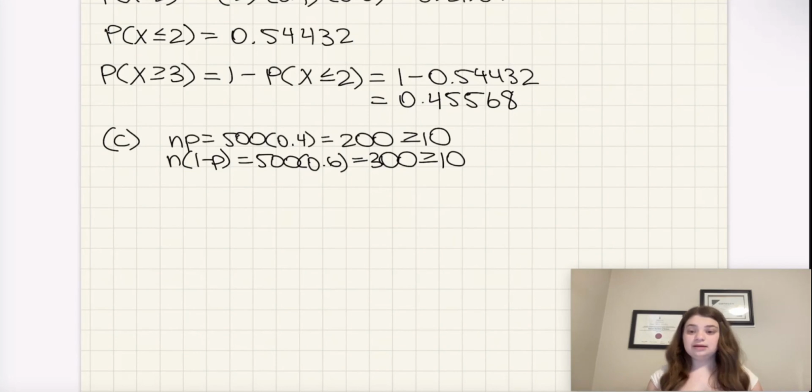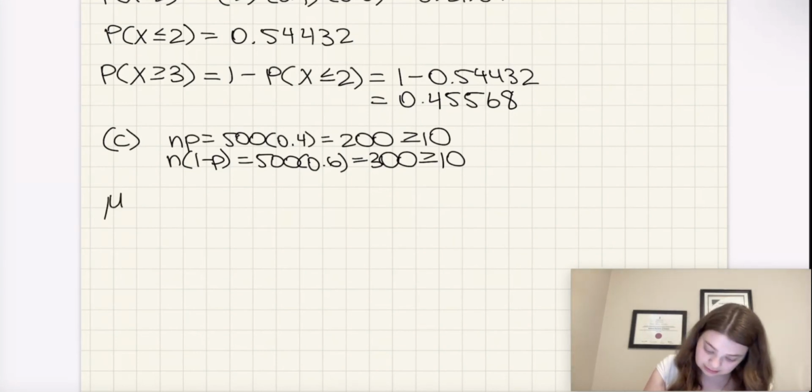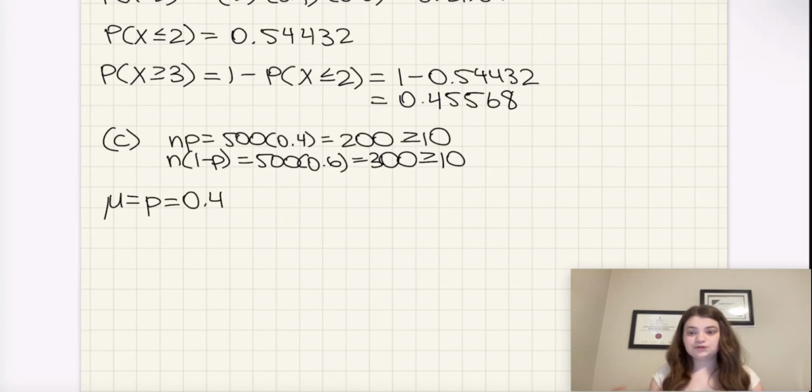Now, luckily, the mean is just equal to p in this case, which is 0.4, as 40% of juniors specifically have a part-time job.